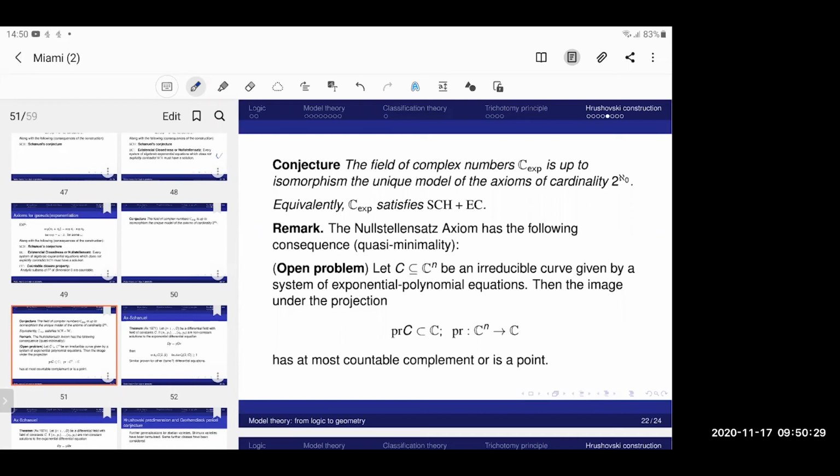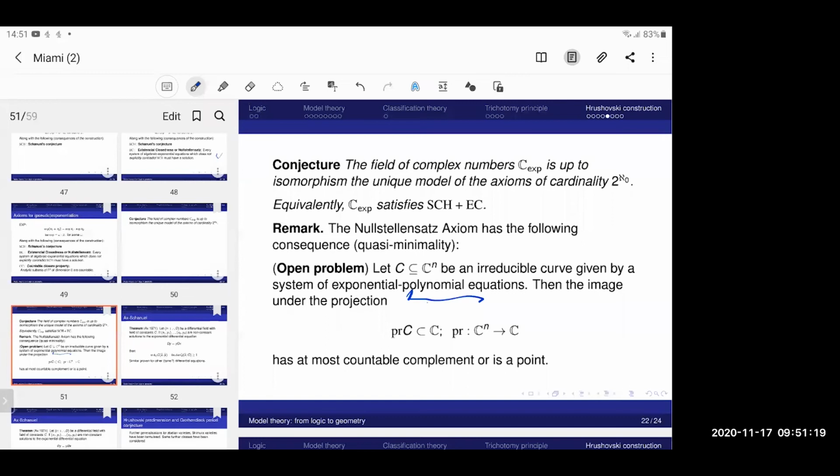But now an explicit consequence: if you assume that complex numbers satisfy those axioms, then you have the following property, that the projection of a curve of exponential, this analytic curve that is given by exponential polynomial equations, its image on the complex plane, its projection on the complex plane, covers almost everything.